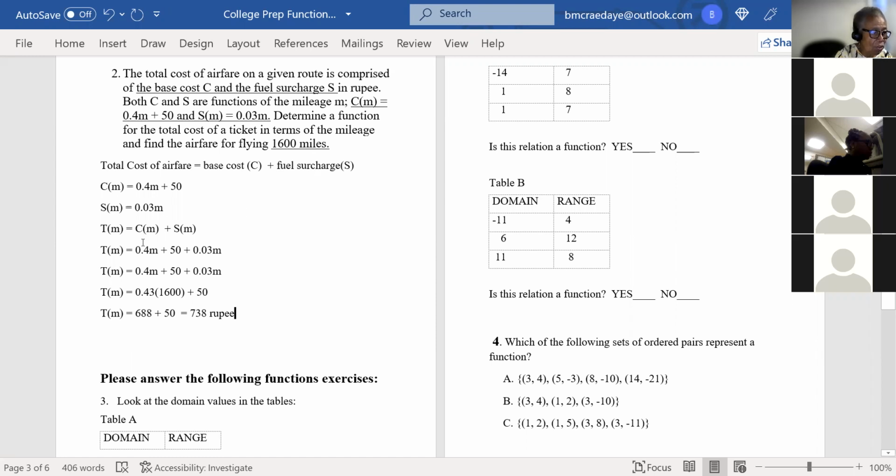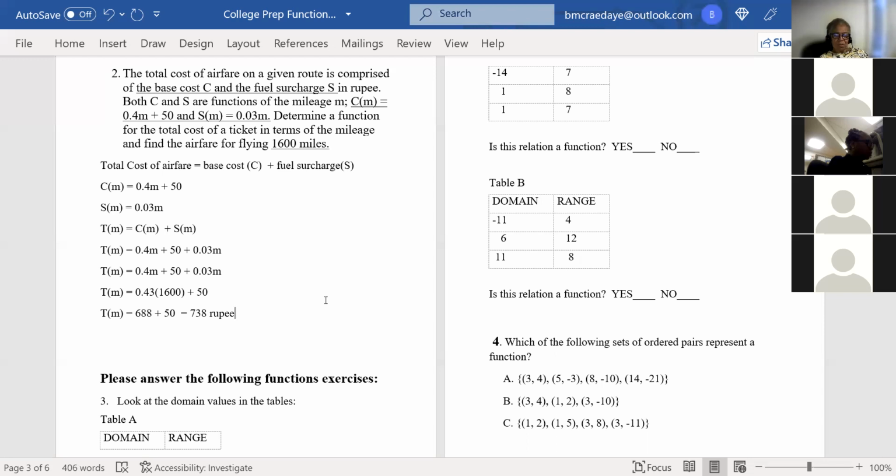So we plug those in. C of M, 0.4 M plus 50. S of M surcharge 0.03 M. Combine the M's, 0.4 plus 0.03 gives you 0.043 M, and the number of miles, you want to fly 1600 miles, that's your M, and it would cost a total of 738 rupees to fly 1600 miles for this airfare.